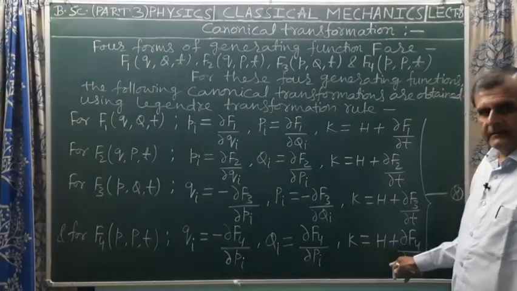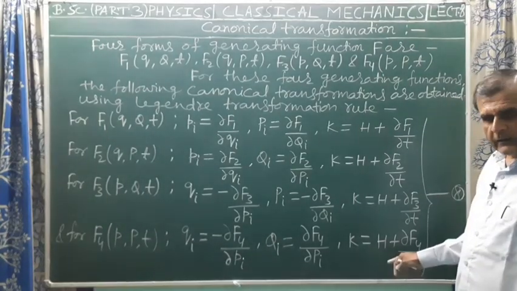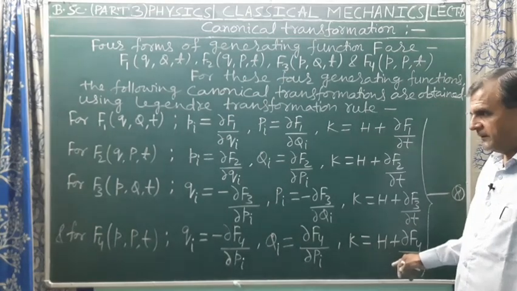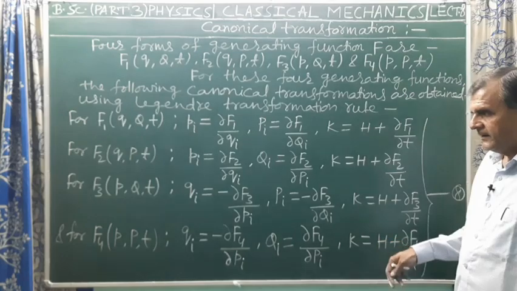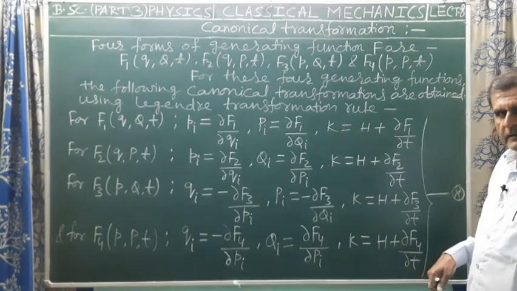So this is the final set of canonical transformation equations for the fourth generating function, capital F4.